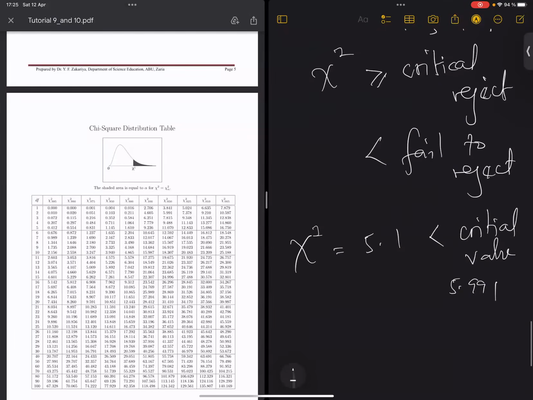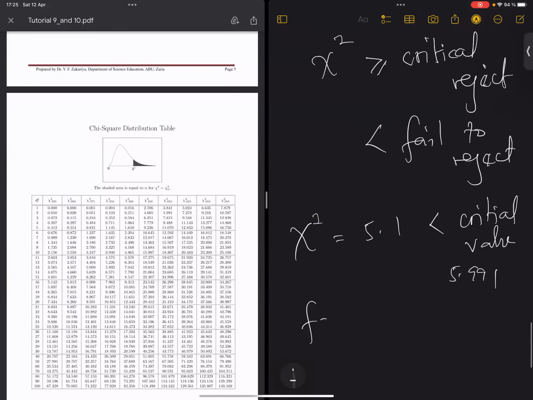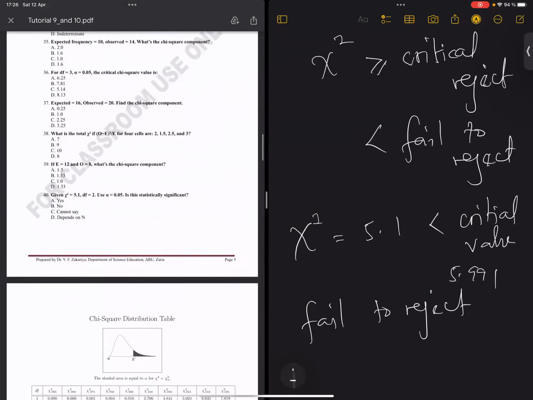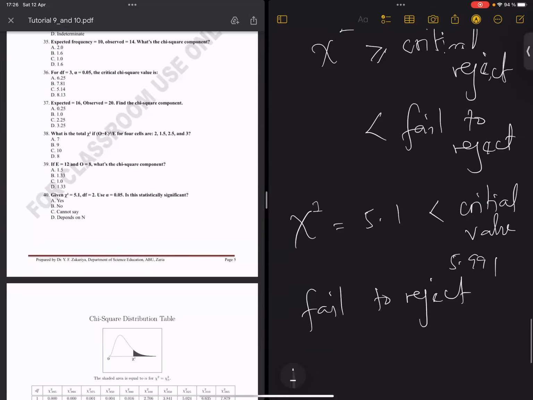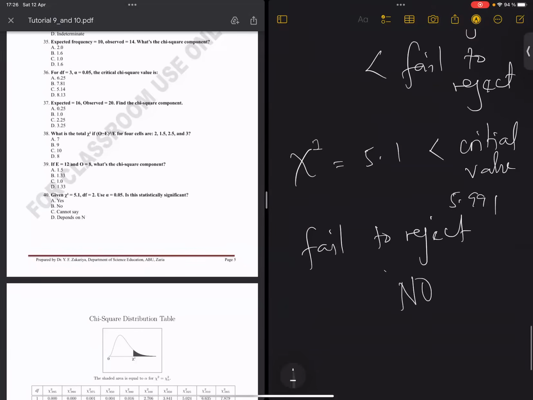So we are going to fail to reject. Is this statistically significant? The answer is no, because we fail to reject.